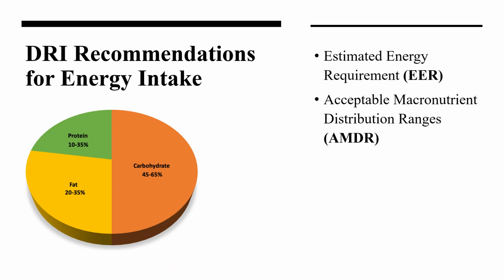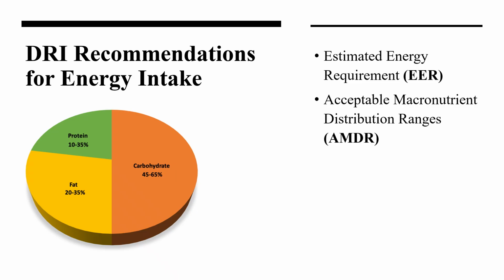For example, adults, children, pregnant or lactating women, and physically active individuals. The EER is considered a ballpark estimate of a person's caloric needs. The way people process and utilize energy is highly variable, and two people can have the same sex, weight, height, and level of physical activity, but different caloric needs.